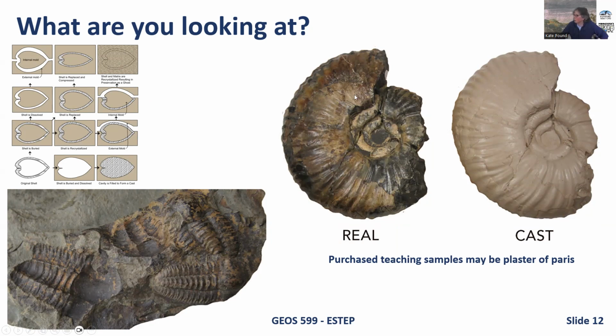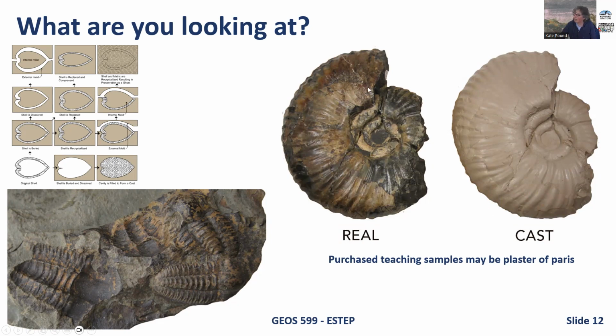Now, I also want to just mention here that if you are buying or your school owns any teaching samples of fossils, what you most likely have are synthetic casts made from plaster of Paris.